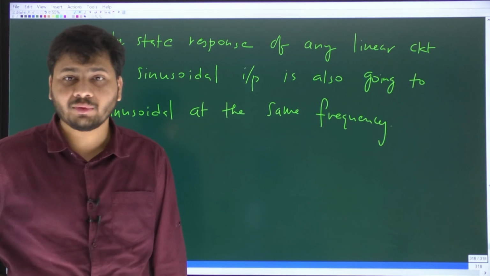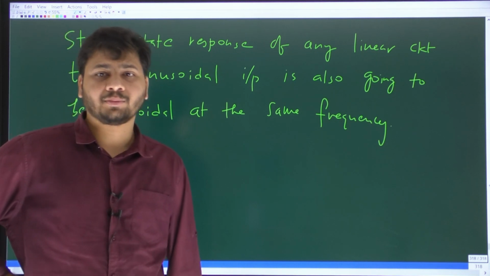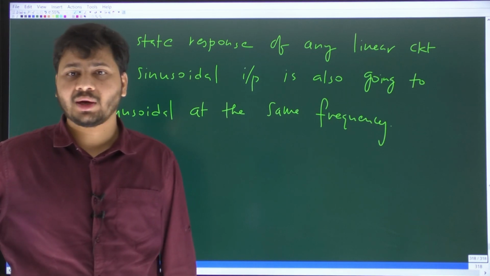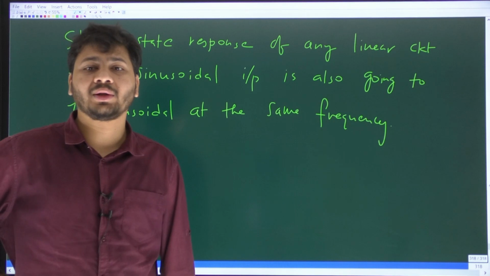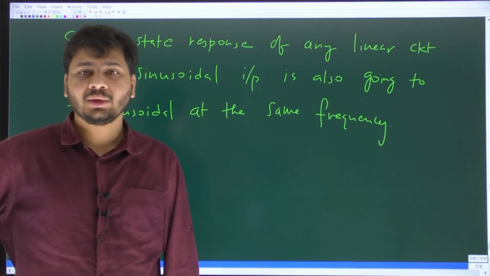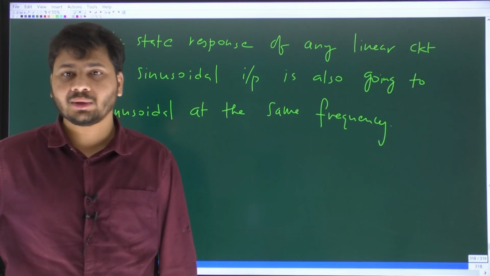The only waveform for which the shape of the output is same as the shape of the input is what? The sine wave. That is why sine waves are extremely important in the testing of linear systems.